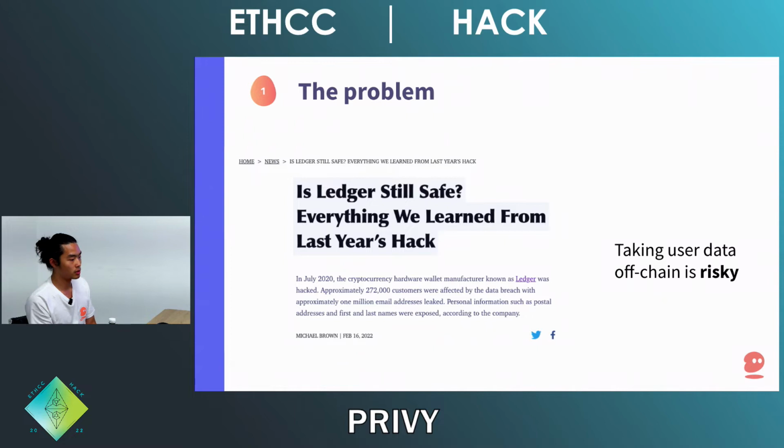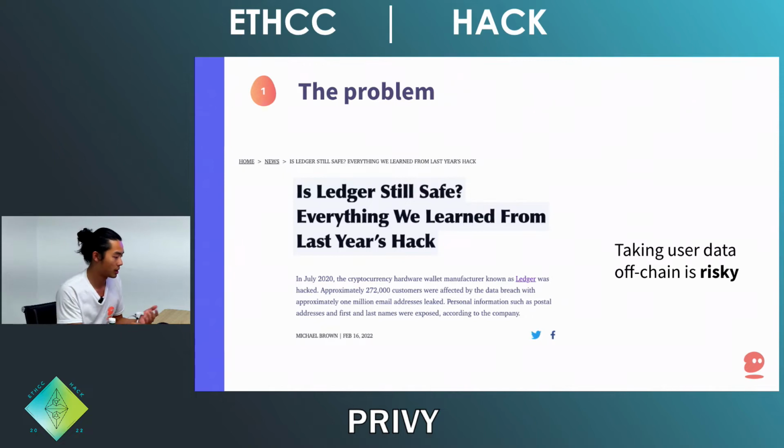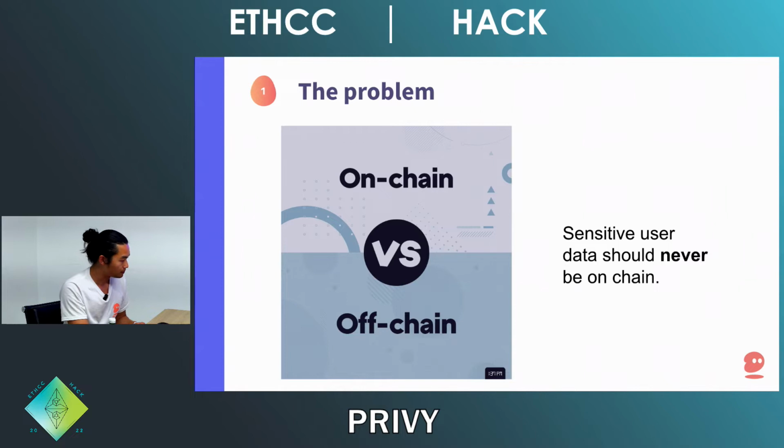So Ledger is a really great security company, builds great hardware wallets. But in July 2020, they were apparently compromised and hacked, resulting in a data breach of a lot of users' personal information because they're storing PII data in kind of the same solution that we talked about with what we imagine OpenSea is doing with just throwing it in a Postgres.